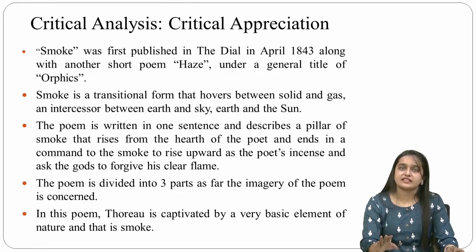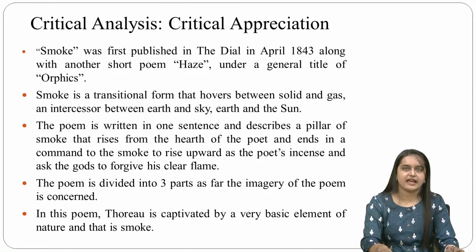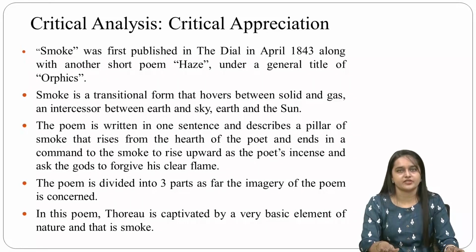Thoreau makes a skillful use of paradox here, as smoke, though it seems to be in a melted form in the heat of the sun, just like Icarus, does not fall down but rises up. It continues its flight towards the heaven.